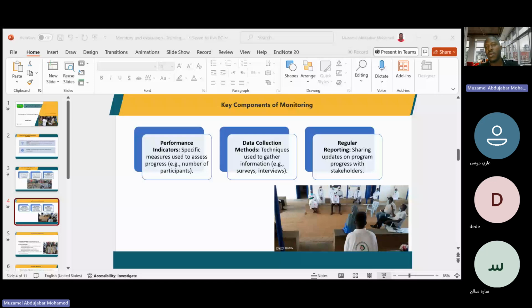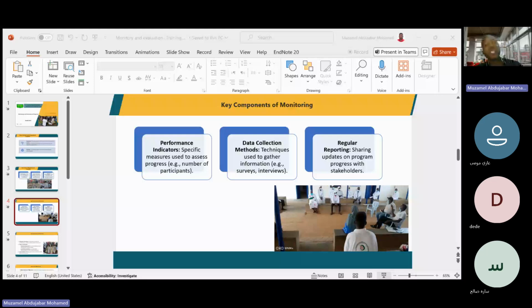Clarity is the stage: what does the program aim to achieve here? You have to clarify the objective of the program, to make your objective clear for your project. This is the first step of the monitoring and evaluation process.